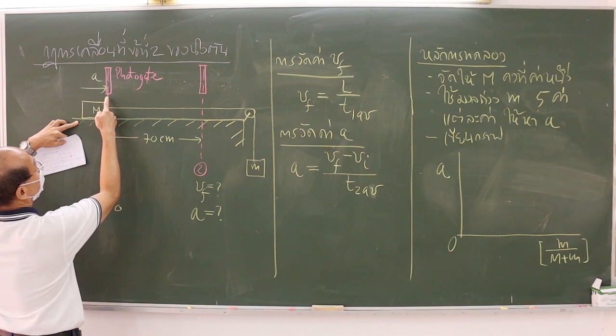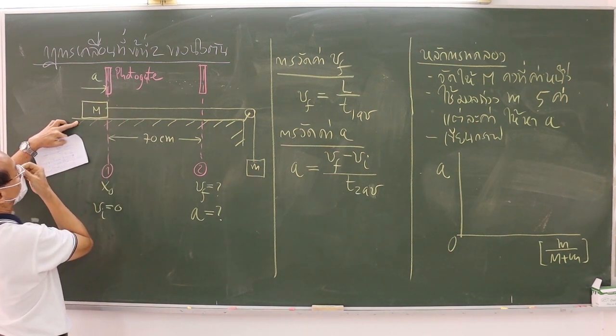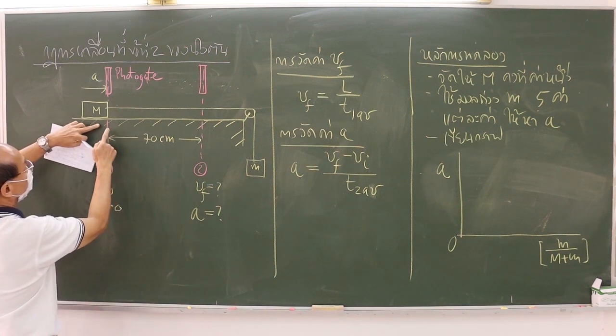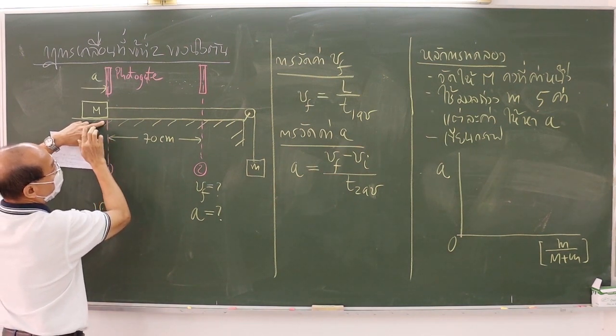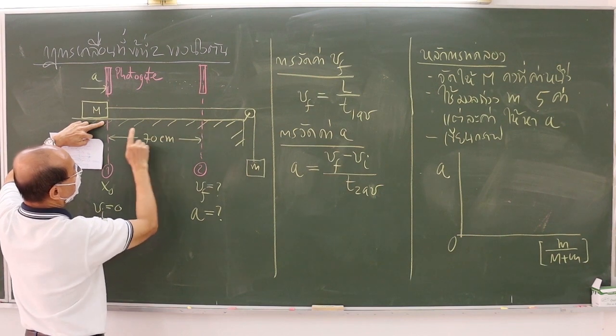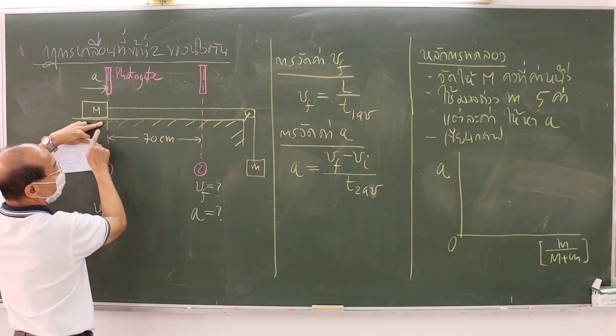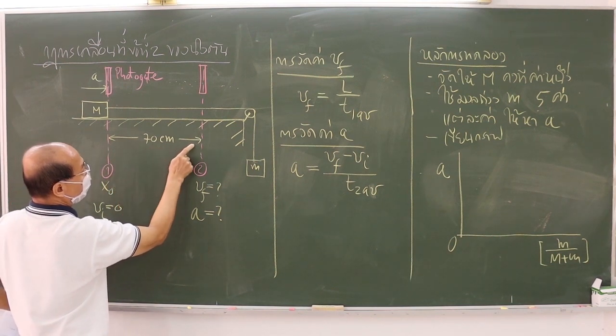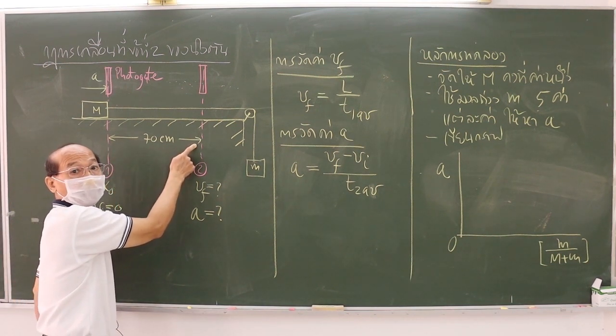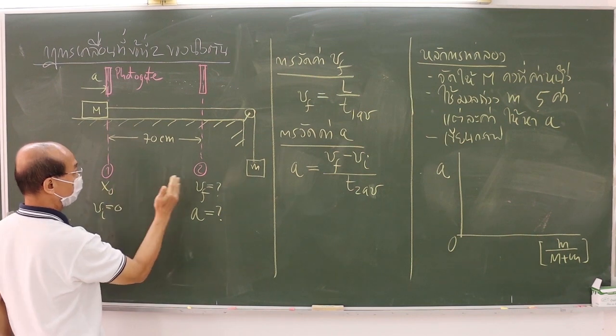There is a photo gate at position x0. Next, we let capital M move a distance of 70 centimeters from point 1 to point 2.